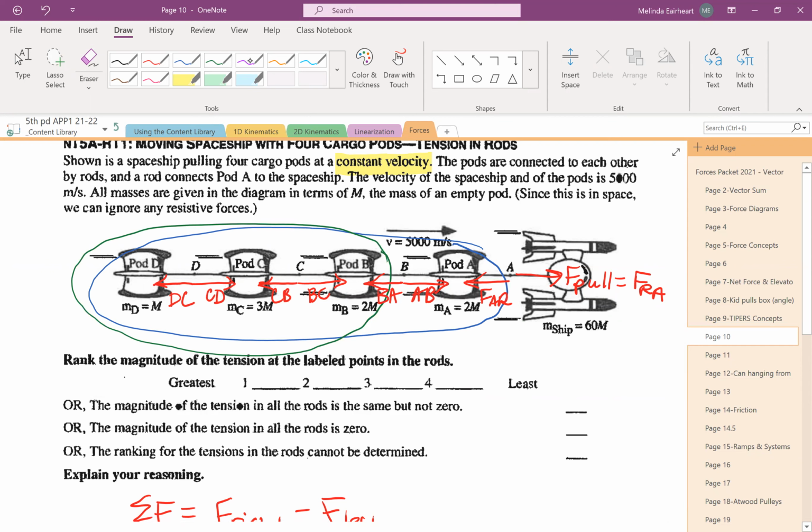How many pods is rod C pulling? 2. And then D is just pulling 1 pod, okay? And so you have to look at it as a system, a big system, a small system. Which rod is going to be pulling the most? Who's going to have the greatest tension?